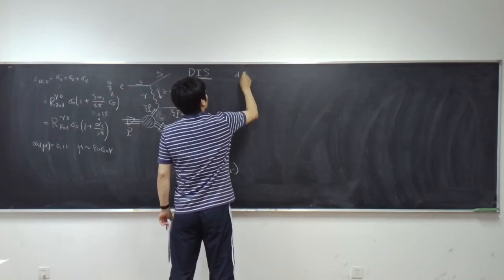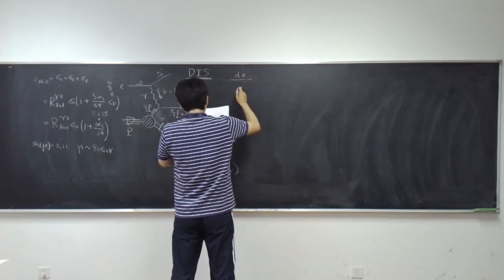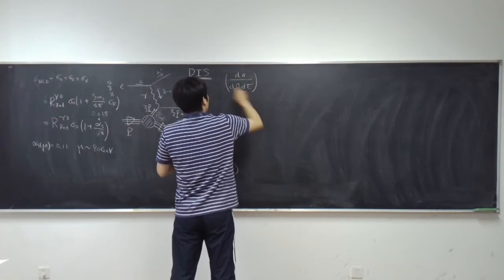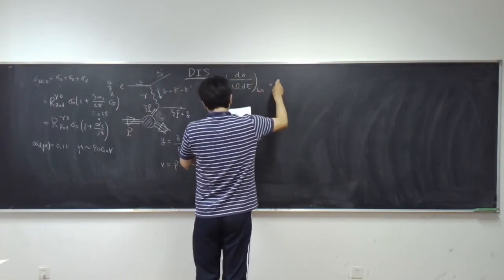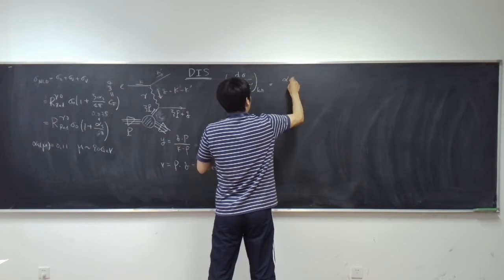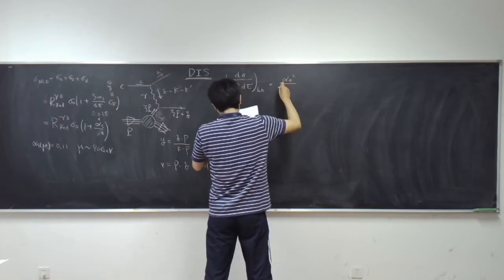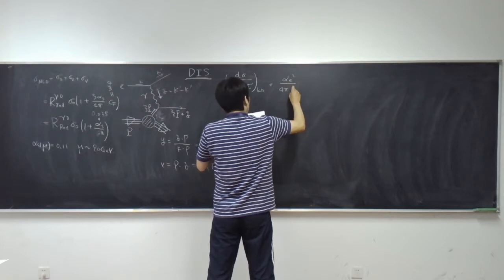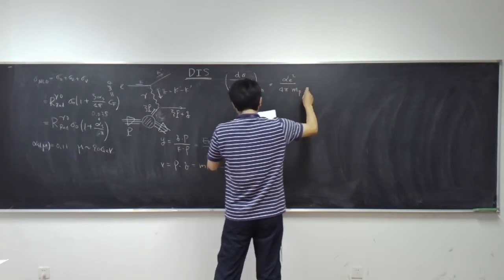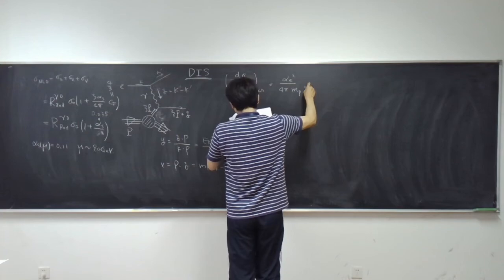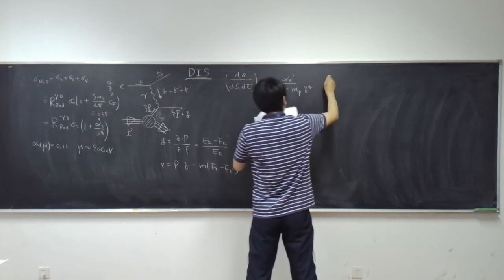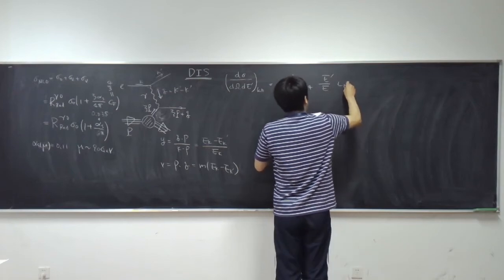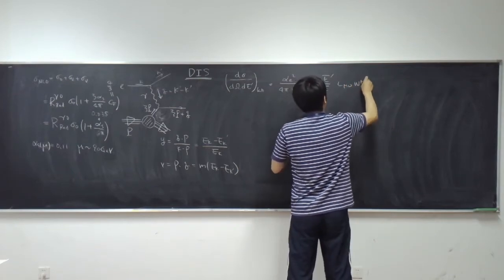So let's review a little bit. D sigma, D omega, D E prime, this log scale is indeed alpha E squared divided by 4 pi. Just a bit of review. This proton Q to the fourth, E prime over E, L mu W mu.